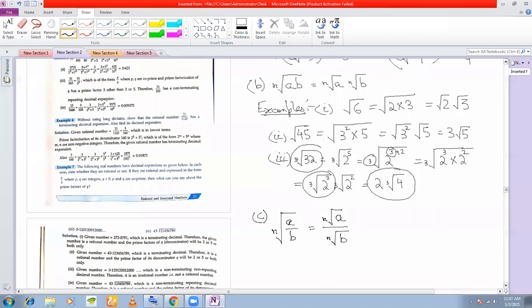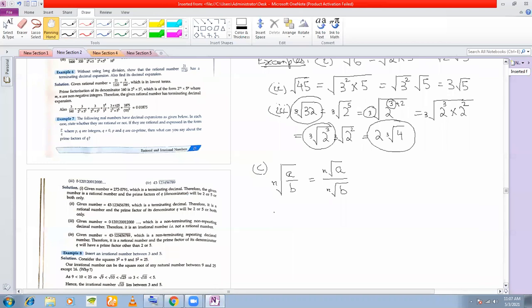Okay. So examples. Suppose I give you square root of 5 by 7. This is equal to square root of 5 by square root of 7 according to this property.